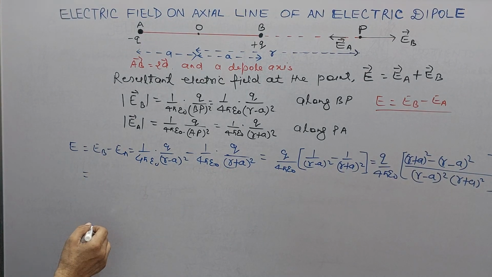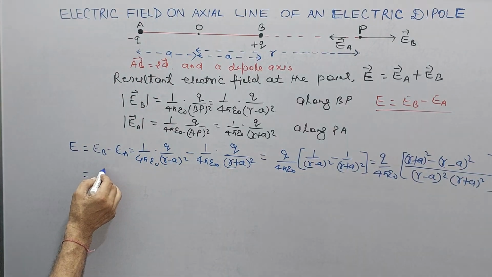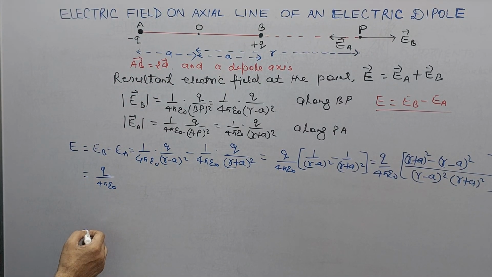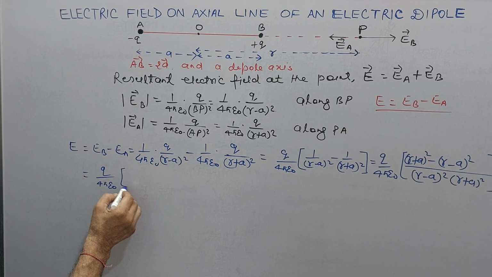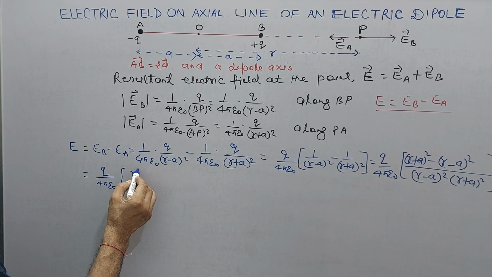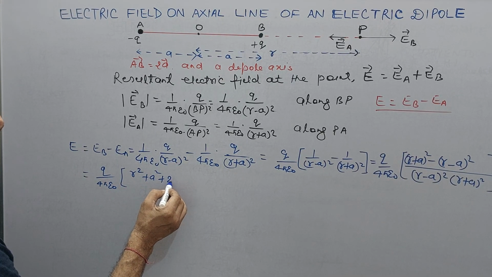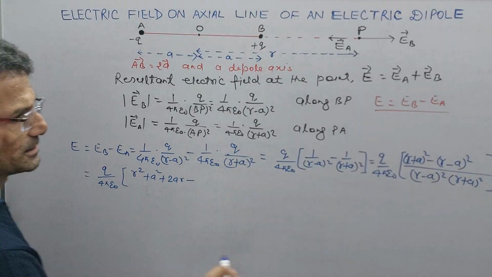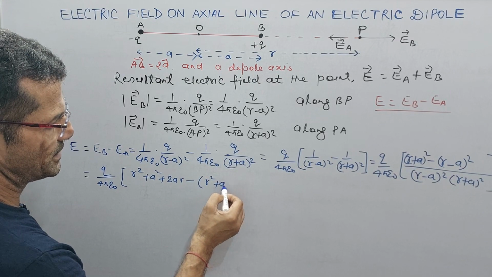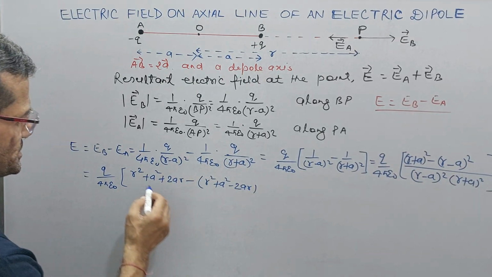the resultant field becomes Q upon 4 pi epsilon naught. If you simplify, in the numerator it is R square plus A square plus twice AR, and outside, minus R square plus A square minus twice AR, bracket closed.